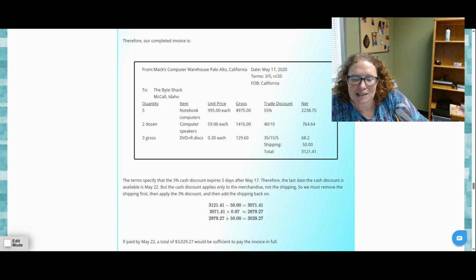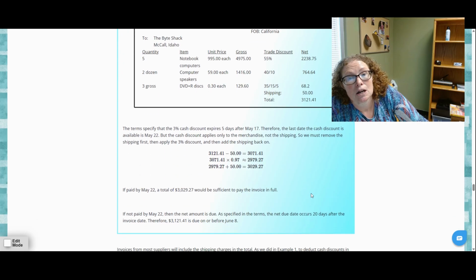So we get $29.79, which is what we would pay if we paid between May 17th and May 22nd. But don't forget to add the shipping back on, so we would end up paying $3,029.27 as opposed to the $31.21 that we would pay if we were later than May 22nd.